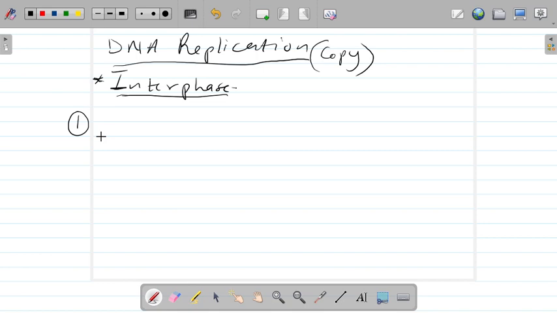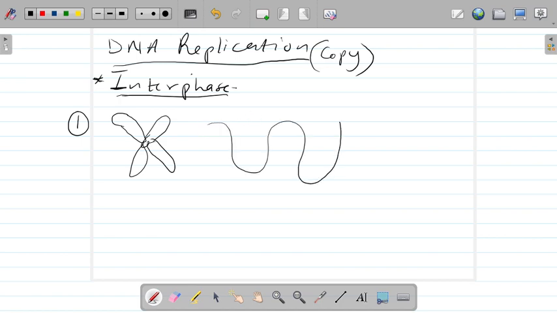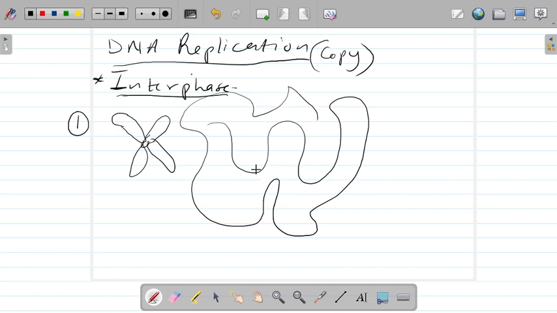Step number one. Remember that DNA, if it's not in interphase, is coiled up like this, as chromosomes. Chromosomes are not found in interphase. So after mitosis happens, they relax, but they're still coiled up to form that chromatin, around those histones to form nucleosomes.